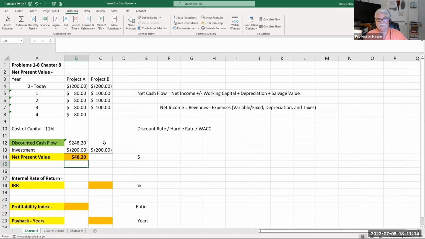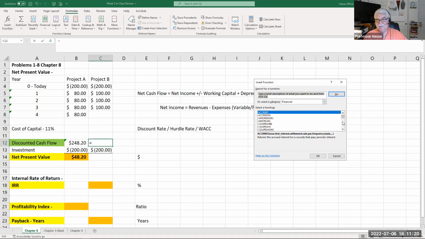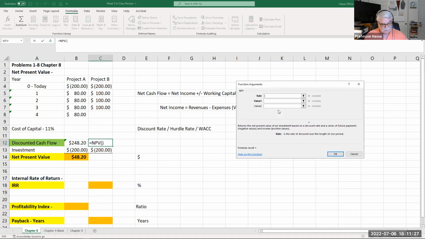So let's do this for Project B. Formula, function, financial, net present value is our calculated tool. Again, the interest rate or cost of capital is 11%. And the values here are over 3 years, C5 through C7. So now it's going to take that $100 into the future.